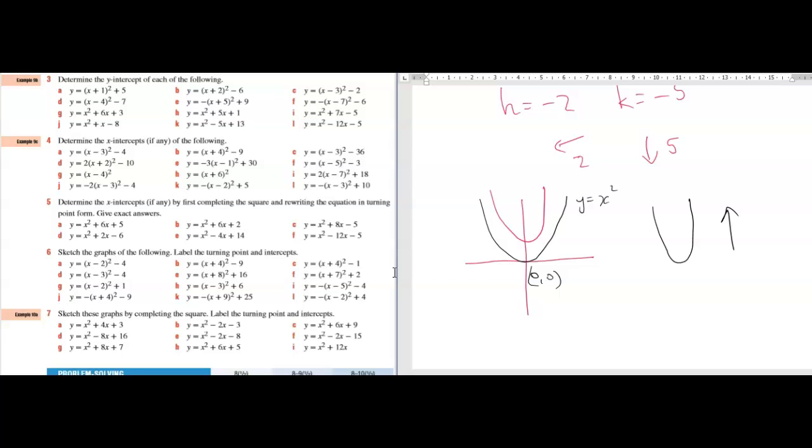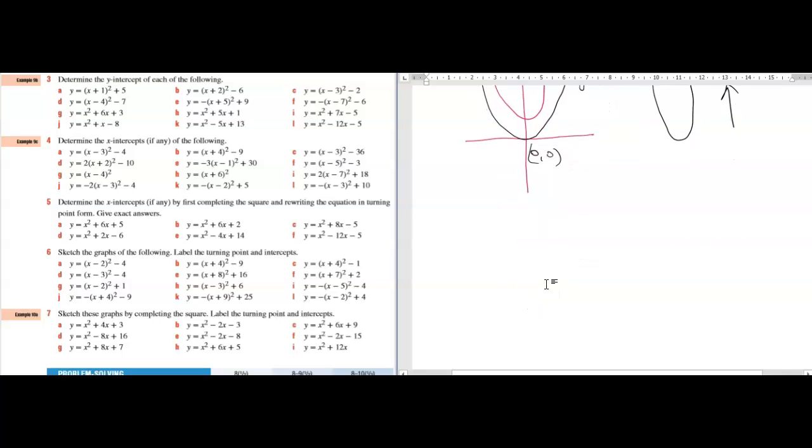I is a positive parabola that's gone up 18, so it's not going to have any x-intercepts. J is a negative parabola that's gone down, so that also won't have any x-intercepts. K will and L will.